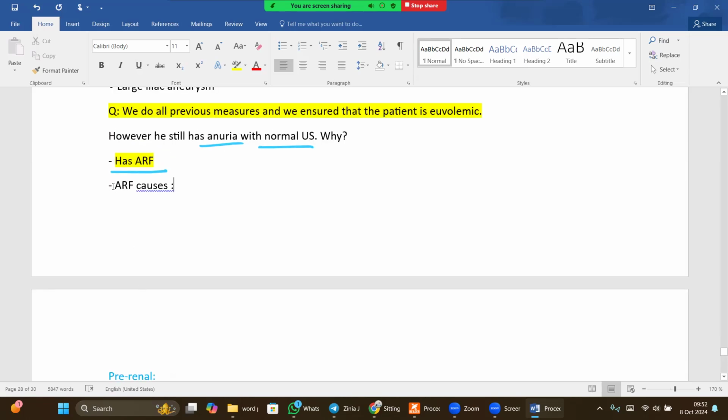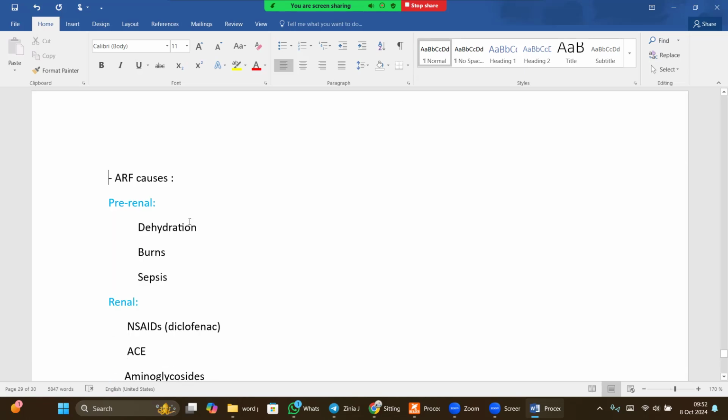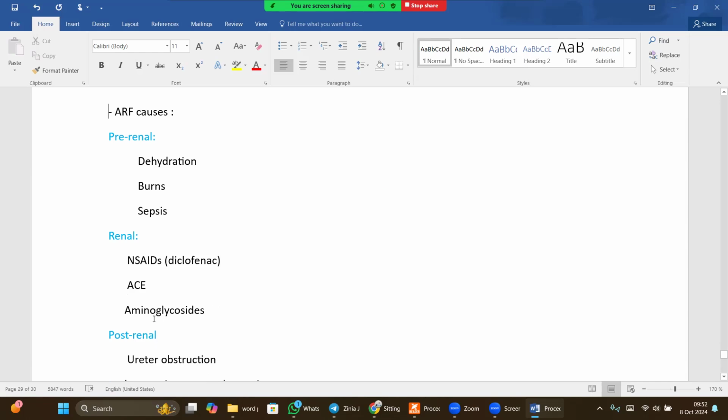Now, causes of acute renal failure. Pre-renal: dehydration, burn, sepsis. Renal: some drugs, NSAIDs, especially diclofenac, ACE inhibitors, aminoglycosides.